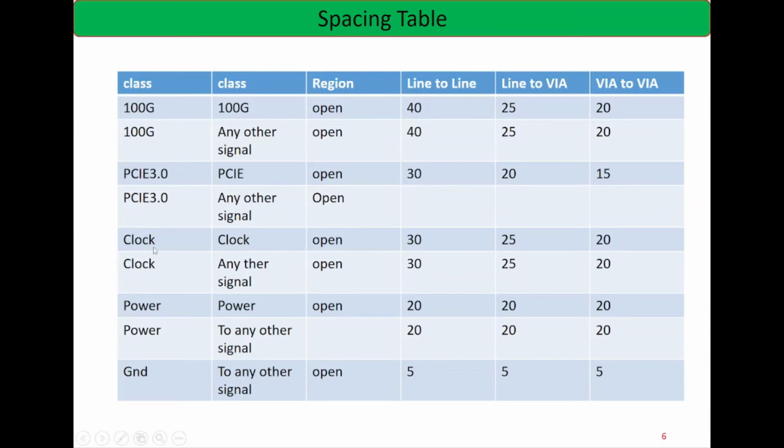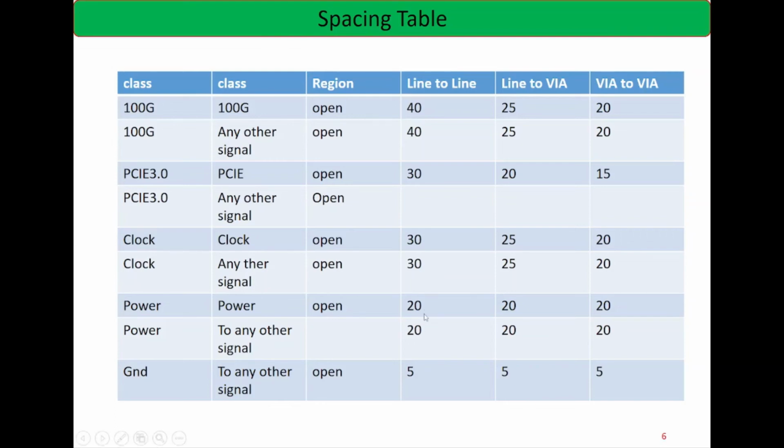Now clock signals are also very important. Clock to clock or clock to any other signals, how much should be the spacing, line to line, line to via or via to via? Power signals also have very many kinds, so you can discuss with your colleagues how to divide these signals.